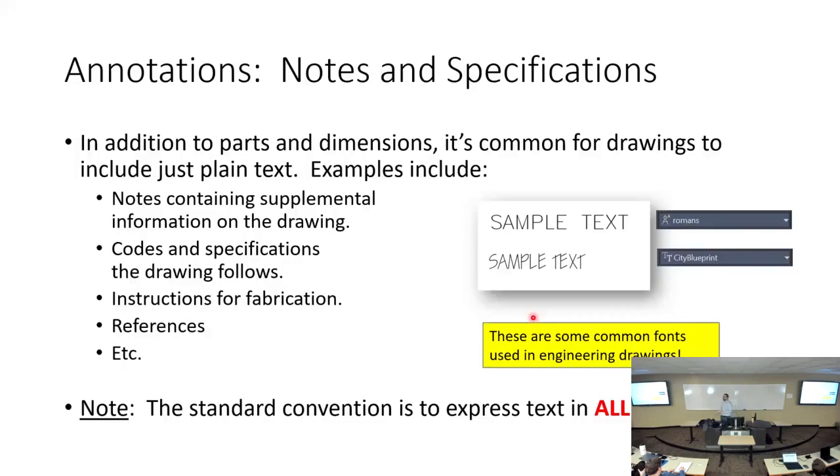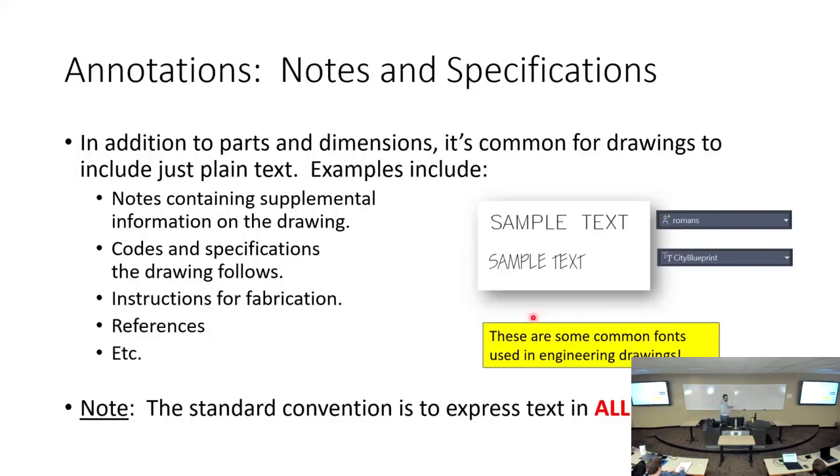Any references, like if you're referencing certain documents or other drawings or anything that the fabricator or the contractor or the manufacturer needs to know. Again, the standard convention is that text is in all caps, okay?